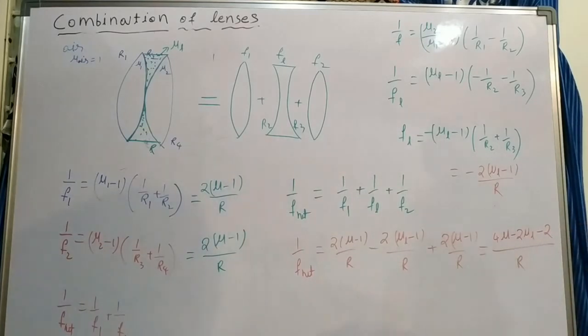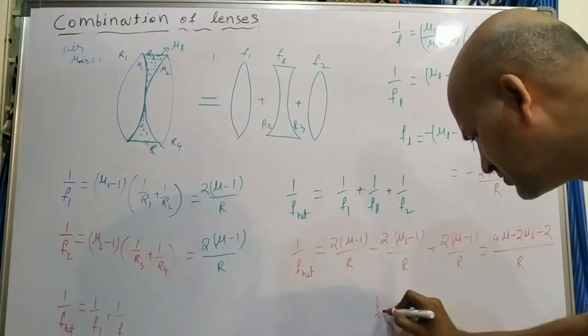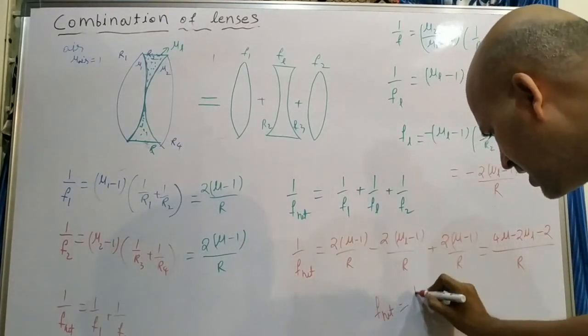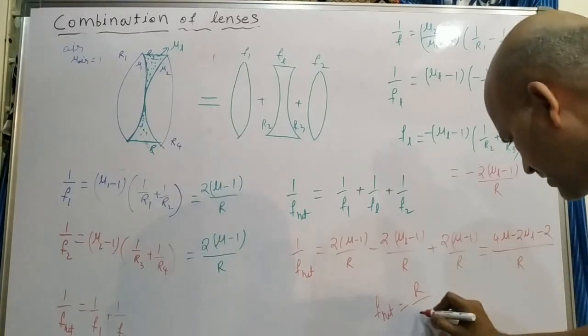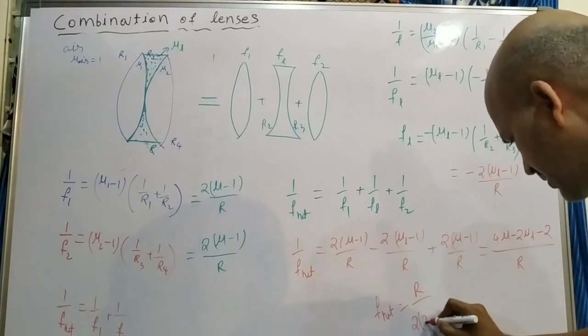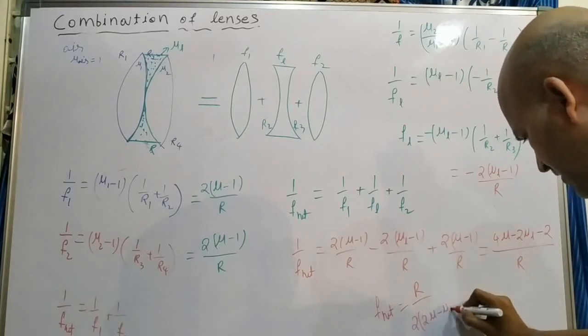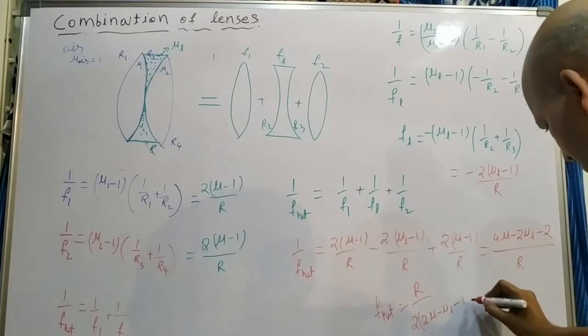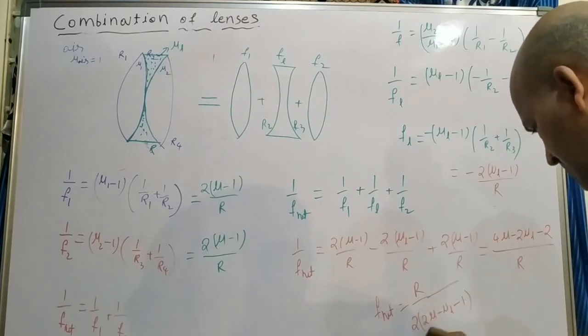That is the net focal length. You can take the reciprocal: F net is equal to R by, taking 2 common, 2 mu minus mu liquid minus 1, like this.